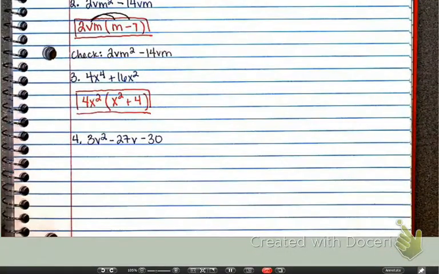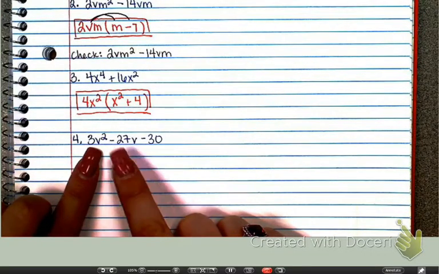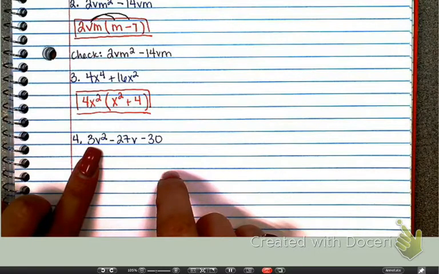Three v squared minus 27v minus 30. So what's the difference here? There's 3 terms, so you just have to make sure it works for all 3 terms, just like we did yesterday. Okay, so what number goes into 3, negative 27, and negative 30?